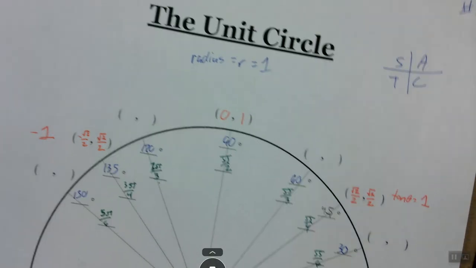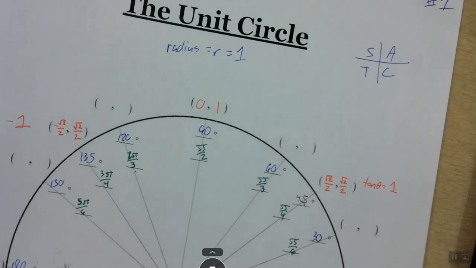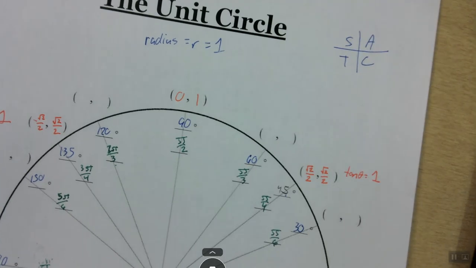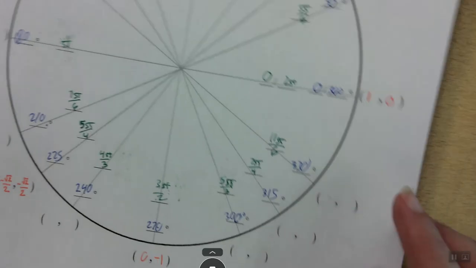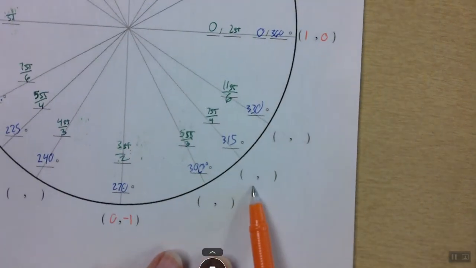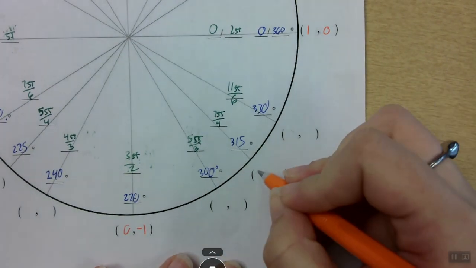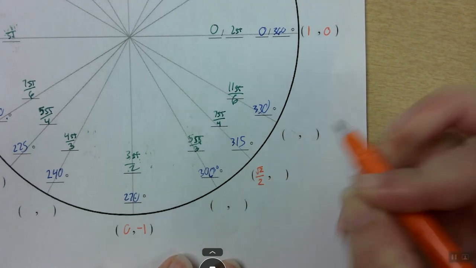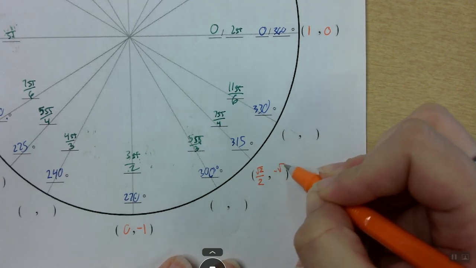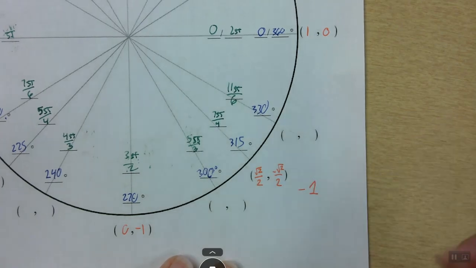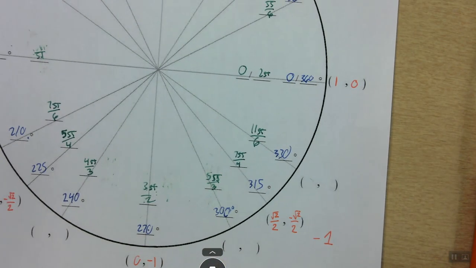It's always square root of 2 over 2, and then you just have to figure out whether it's positive or negative. In the fourth quadrant, down below, what is my point? Square root of 2 over 2, and what is tangent? Negative 1.